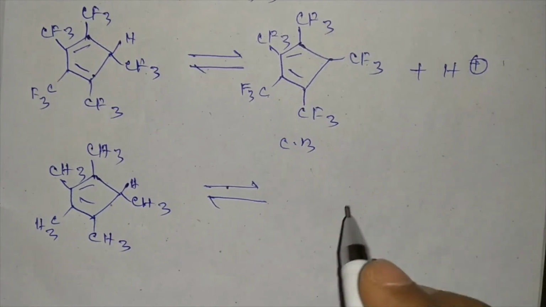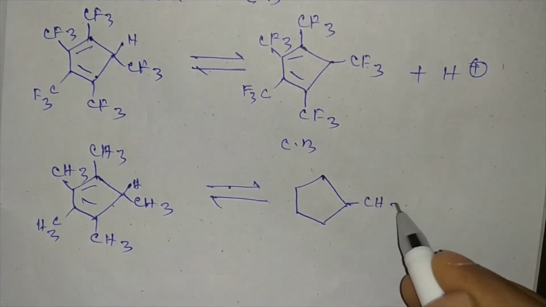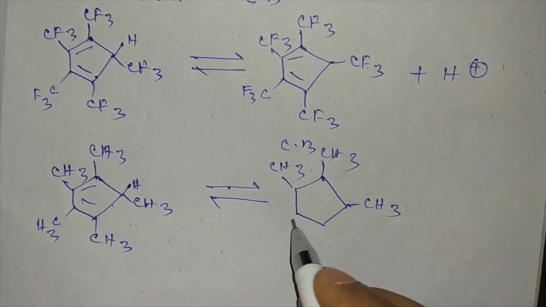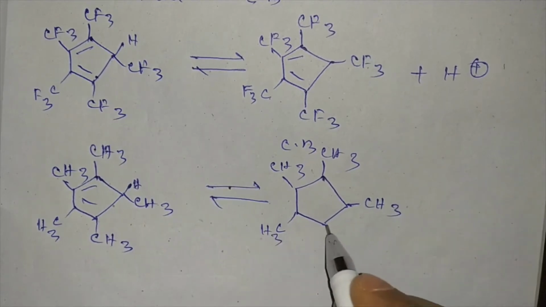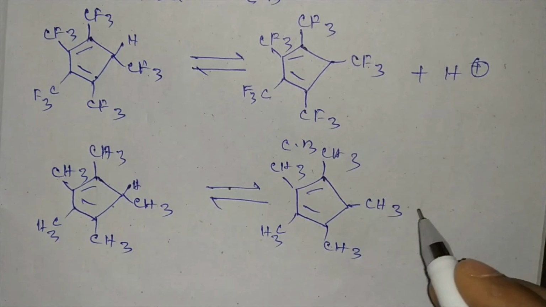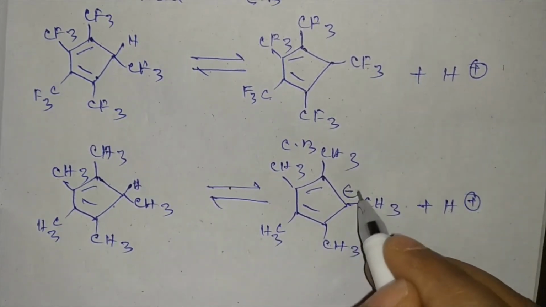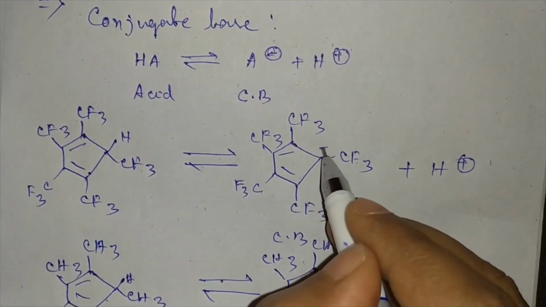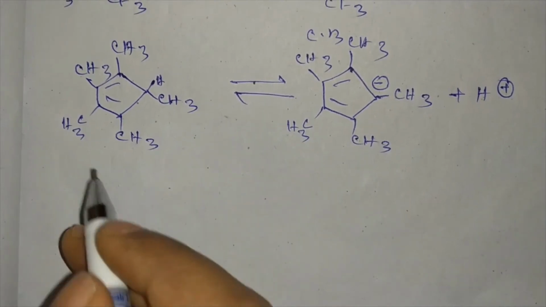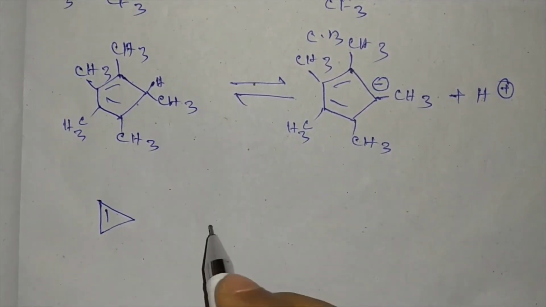If we see the equilibrium, then it will dissociate like this. A negative charge will be here, also there will be a negative charge, and the third compound is this.